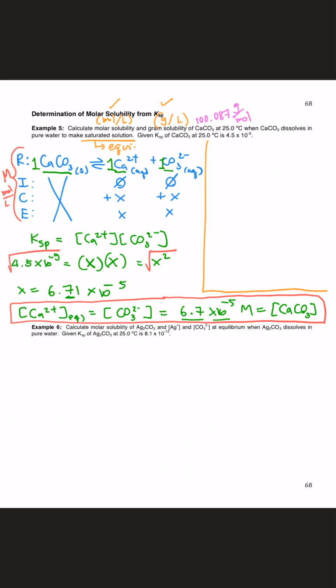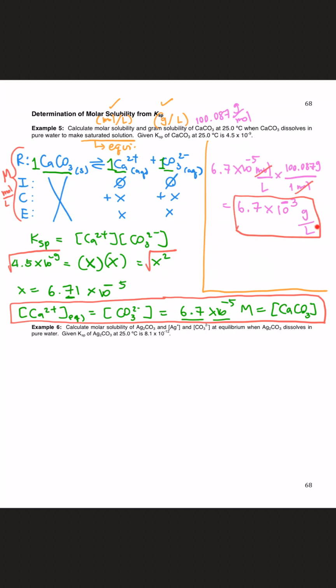So the setup for this would be 6.7 times 10 to the negative 5 moles per liter, which is the molar solubility that we just calculated, and then multiply this by the molar mass of calcium carbonate, which is 1 mole equal to 100.087 grams of calcium carbonate. And you will get the gram solubility equal to 6.7 times 10 to the negative 3 grams per liter.